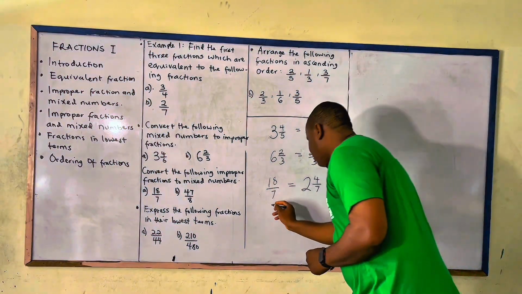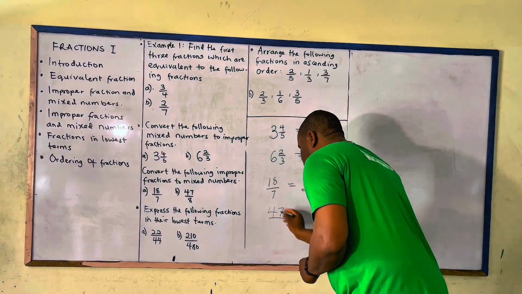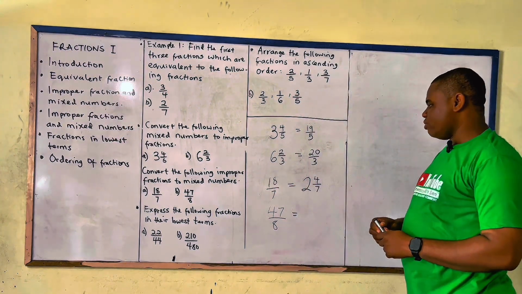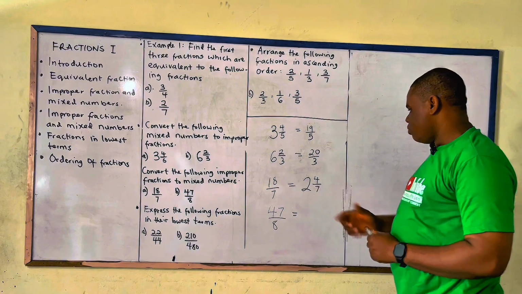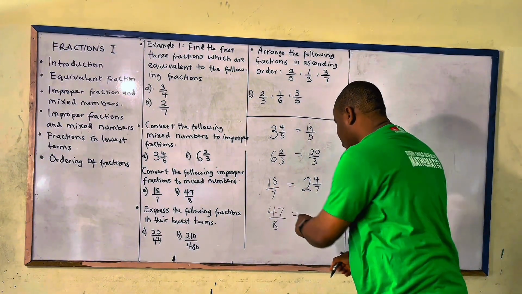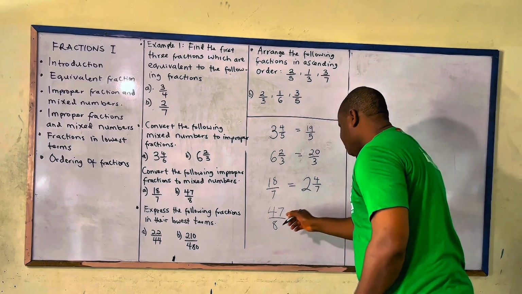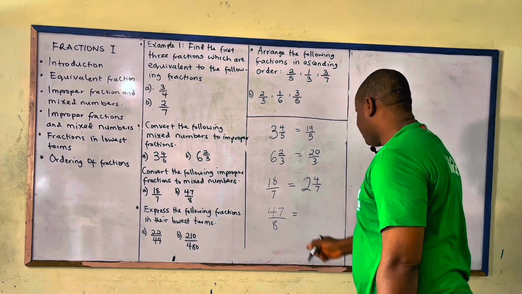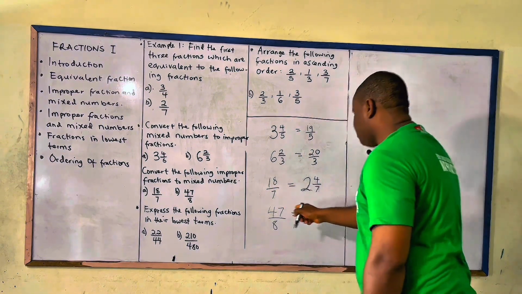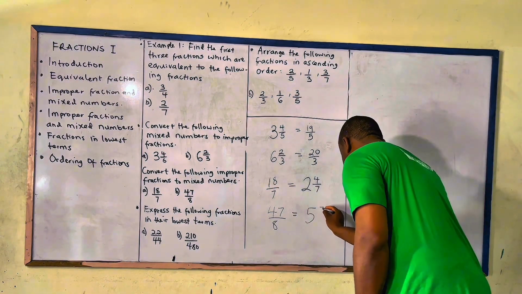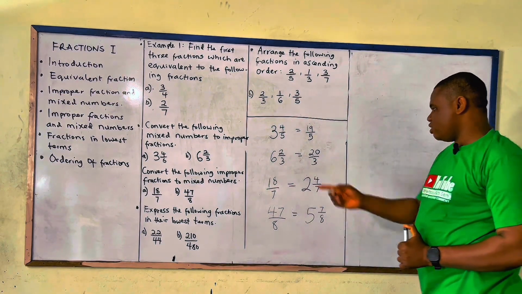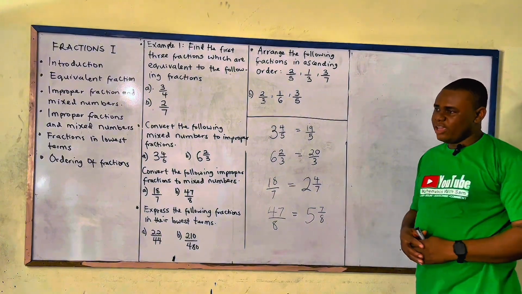Last one, 47/8. 8 goes into 47 five times. 5 times 8 will give me 40. 47 minus 40 gives me 7 over 8. So 47 over 8 as a mixed number is 5 whole number, 7 over 8.